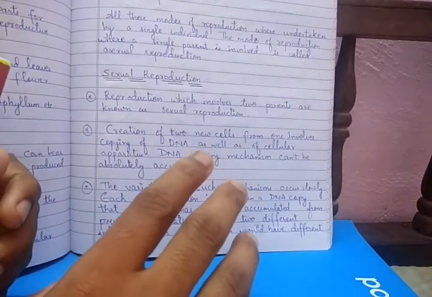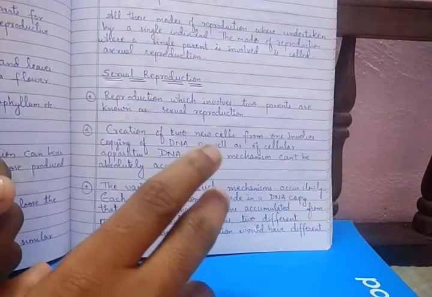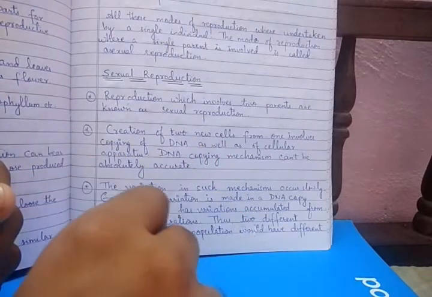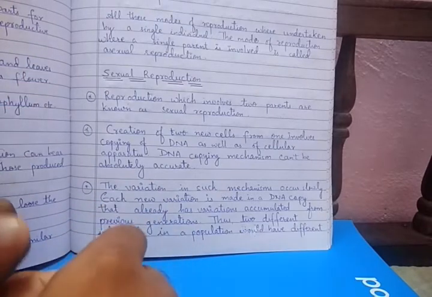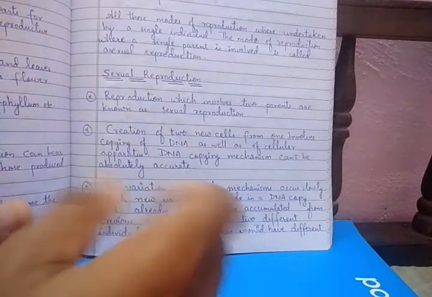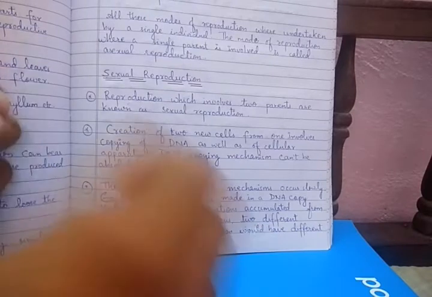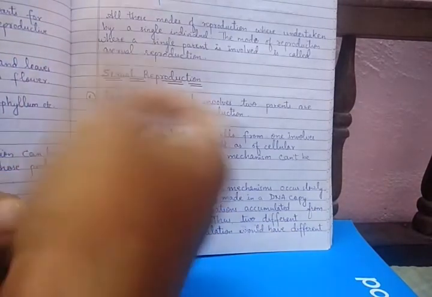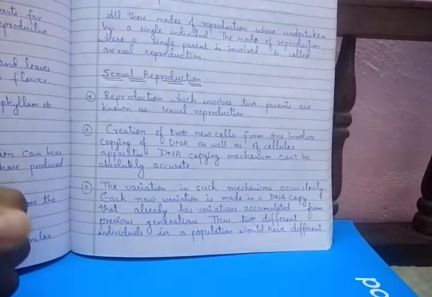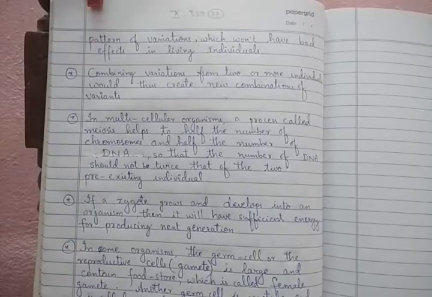Two different individuals of a single population will have different contrasting characters, and when they mix together, the variation will be quite different in the next generation, right?